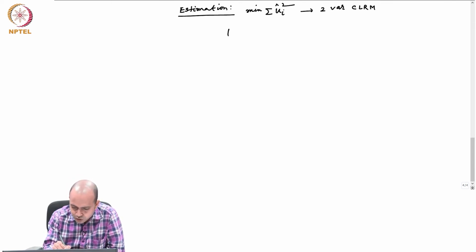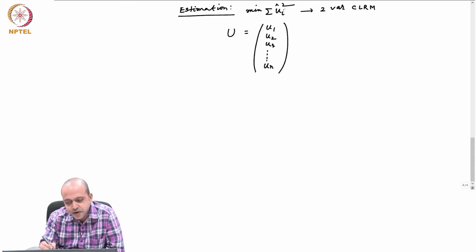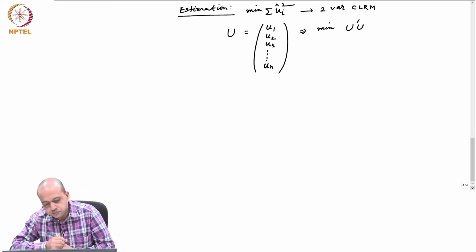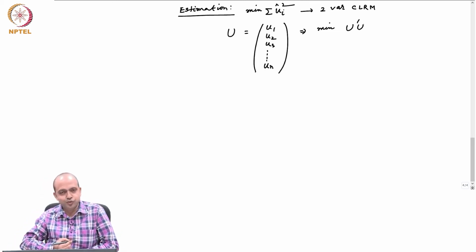Here our u is basically u1, u2, u3 dot dot dot un. Now, to get a similar expression like the summation of ui hat square, what we should do is minimize u prime u instead.